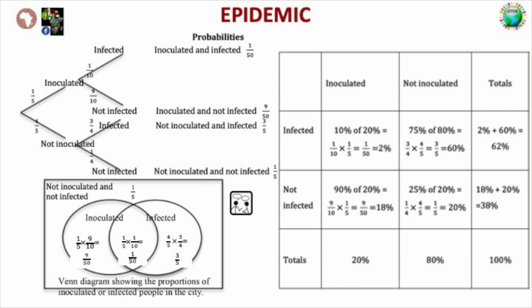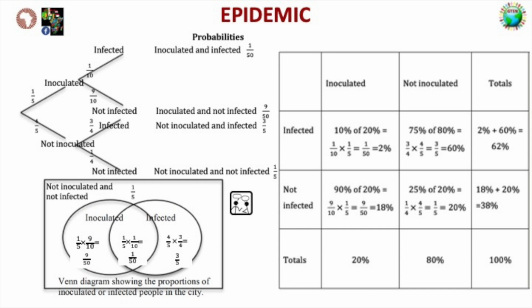And you can see then, if they're not inoculated, what proportion of the population will be infected? That's 4/5 times 3/4, which is 3/5. So that's quite a high proportion. If they're not inoculated, 60% of them will get infected.